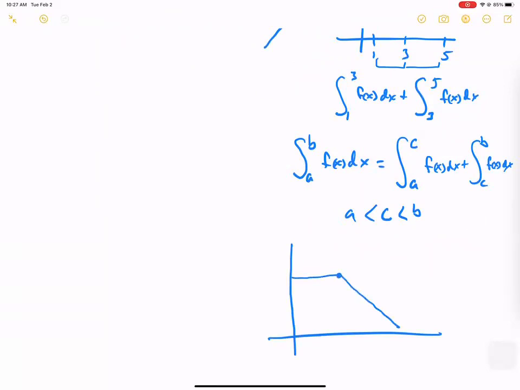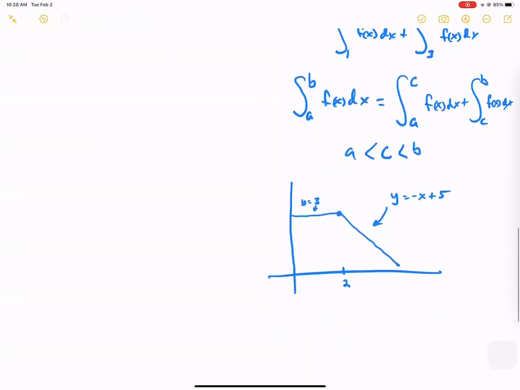The graph here is y equals 3, and the other graph is y equals negative x plus 5. So that's this equation, and this is this equation.